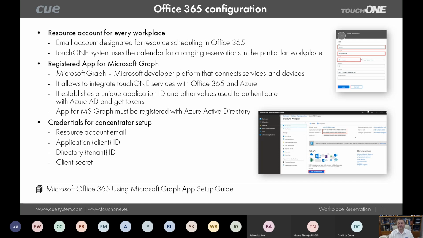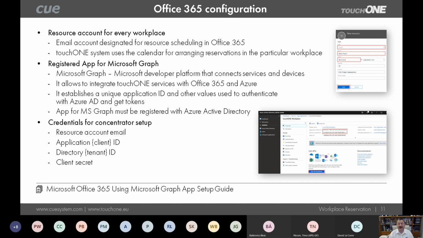This is important because if you want to do the next steps in the setup, you have to prepare credentials for the Concentrator setup. Typically you will get a resource account email, a client or application ID, a directory or tenant ID, and also a password, which is called the client secret.